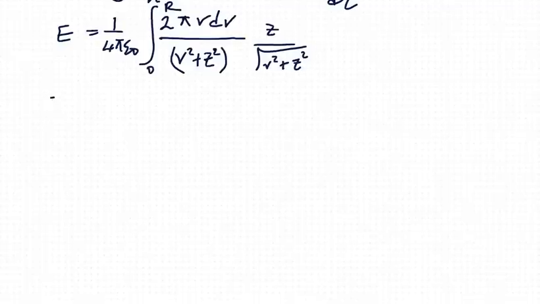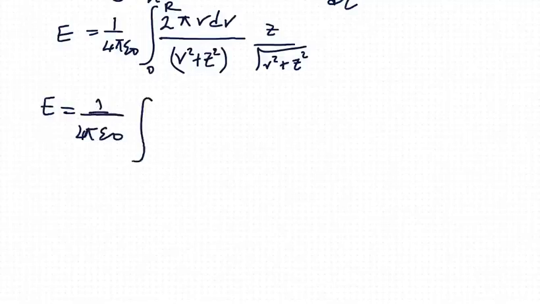Then the electric field E will be equal to 1 over 4 pi epsilon naught, the integral from 0 to r.